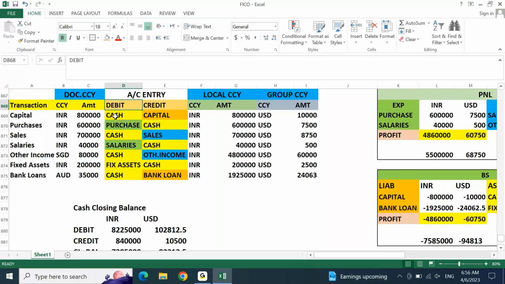How many transactions do we have? 7. The intention is only to record 7 journal entries in your company code with the same figures, with some date, and for all the dates the same exchange rate.